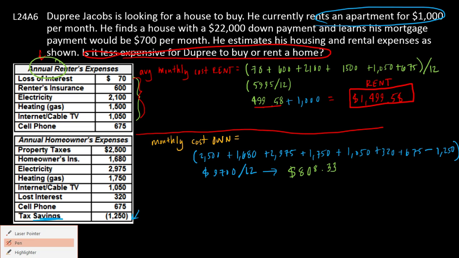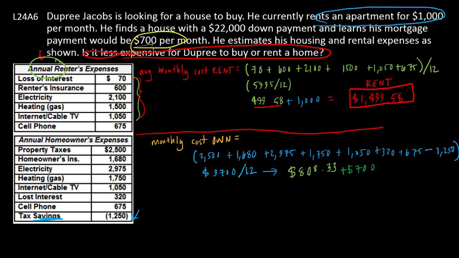I want to add my monthly mortgage, which is $700 per month. Let's do that in a different color, $700 per month. So 808 plus that 700 comes out to a monthly cost of $1,508.33.